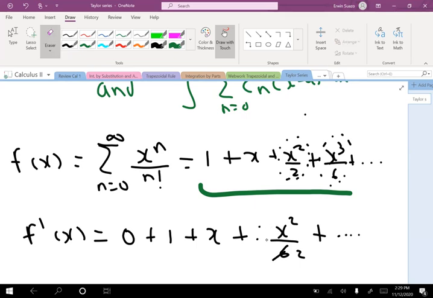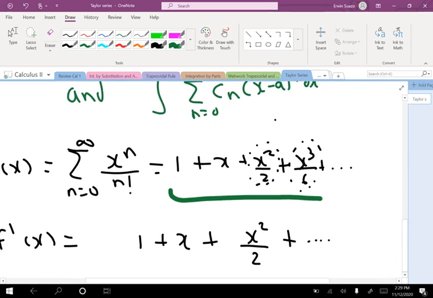I'm getting x cubed, I'm getting x squared divided by 2, and this is 0, so I forget about it. So I'm getting exactly the same series. And I know this guy, you guys remember what this function is?